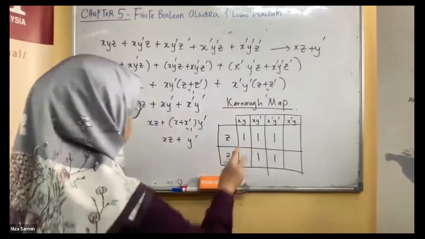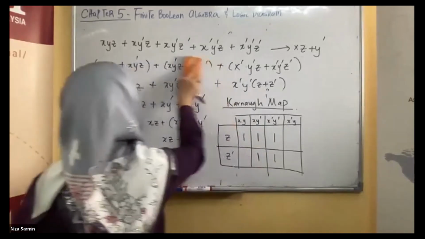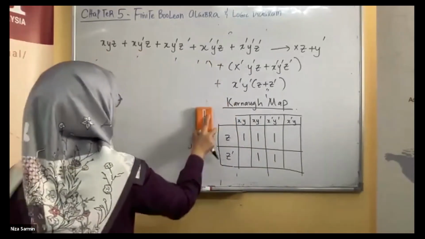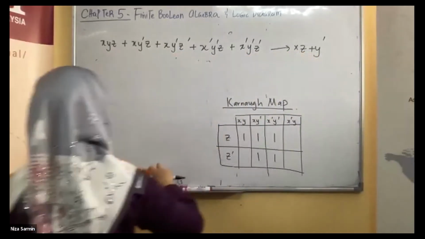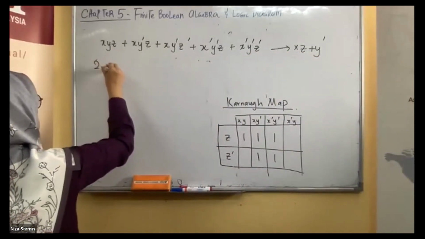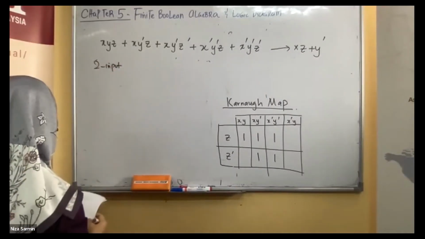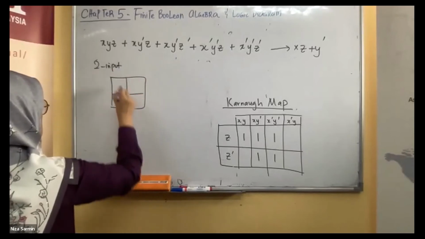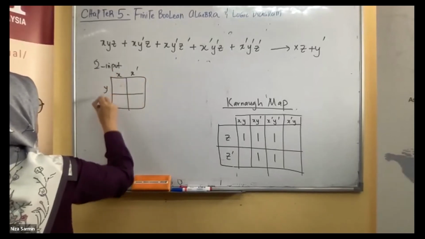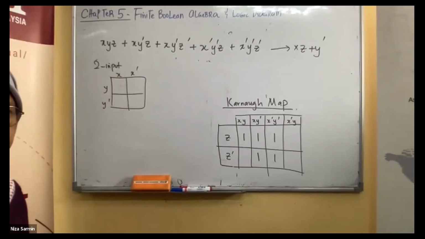Okay. Now the input is like, if you have 2 inputs, I will do this later, yeah? Let me do the Karnaugh map first. If you have the two inputs, so the x prime or y prime x.